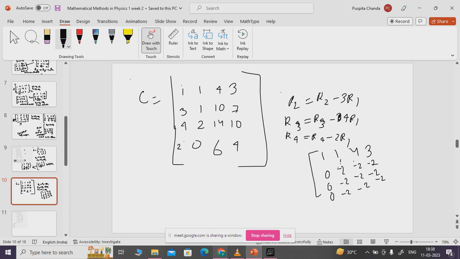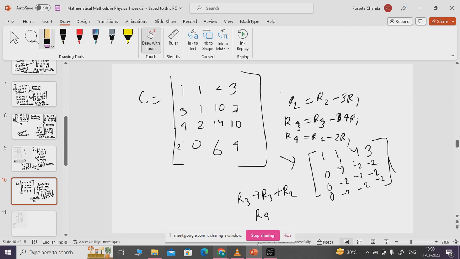How can this be minus 2? R2 minus 3 into R1. Okay, yes. So this matrix will become this, and now R3 is R3 plus R2 and R4, they are basically the same. Yes, all are minus 2.